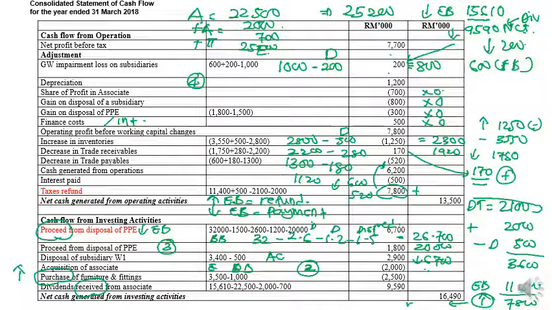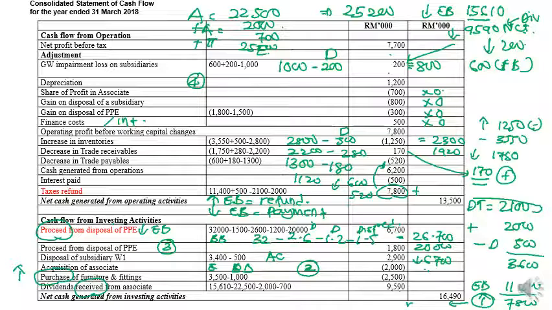Another proceeds that we have here is the one that you receive from the sale of the PPE, item number 3. Item number 3 is already given at 1.8. And then the other one you have is the disposal of subsidiary here. The disposal of subsidiary is your aggregate cash, when you calculate it, which is 2.9.